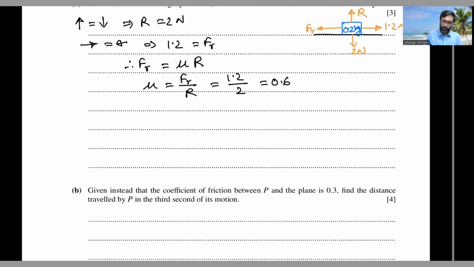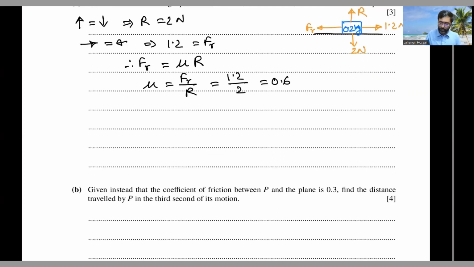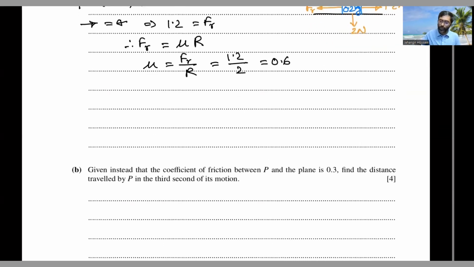Okay. So for this one, first we need to find the acceleration. Since the coefficient of friction has been reduced, this time the horizontal force is unchanged. So the value of friction will be reduced as the coefficient of friction has reduced.